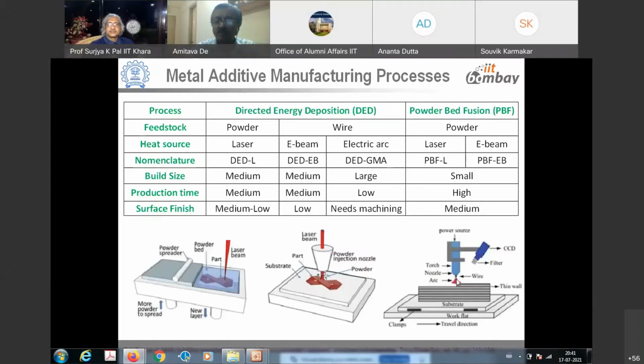So if the feedstock is wire, the source can be an arc or an electron beam. This is another way of looking at how we can achieve additive manufacturing, or layer by layer, track by track deposition, and finally a three-dimensional part is built in a free-form manner.